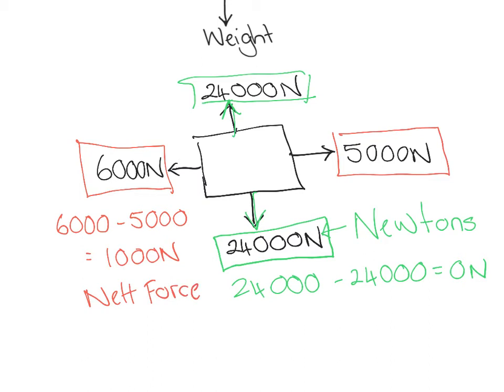And our net force has direction, so we look at where the bigger of these two numbers was, the 6,000, which is here. So our bigger of our two numbers is 6,000. We're taking off our 5,000, and that leaves us with a net force of 1,000 newtons in the right to left direction, in the reverse direction.